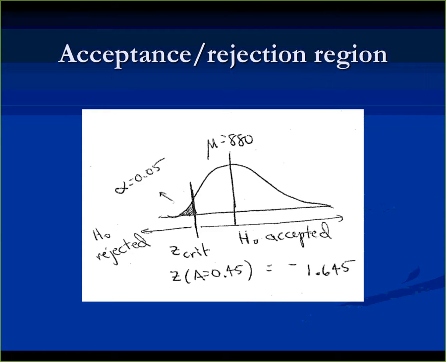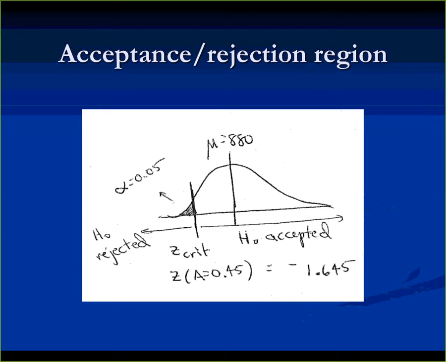Alpha is all in one spot and it's 0.05, so the area from the center of the distribution to that critical Z value is 0.45. If you go find the Z value where the area is 0.45, you get 1.645 standard deviations away from the mean. That Z value is negative because we are to the left of the mean. So when you slap down that thick black line, that is your critical value.